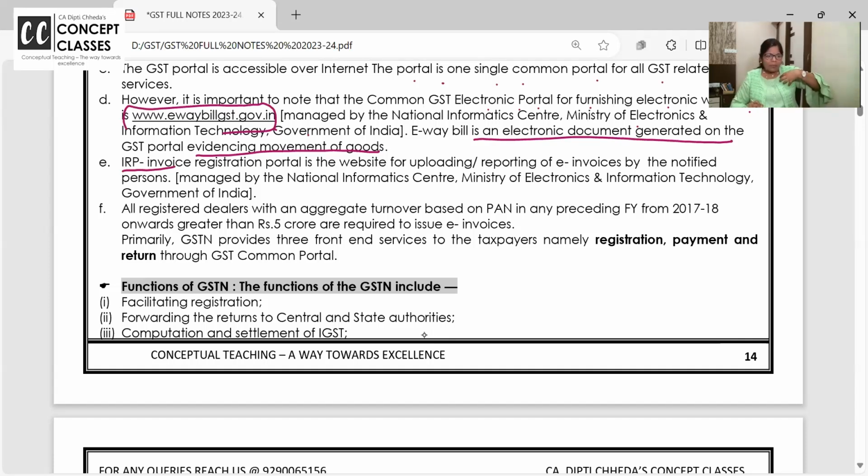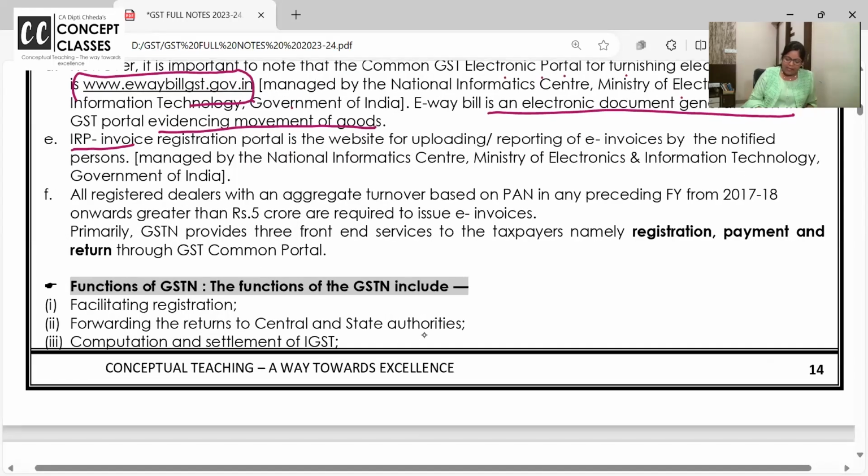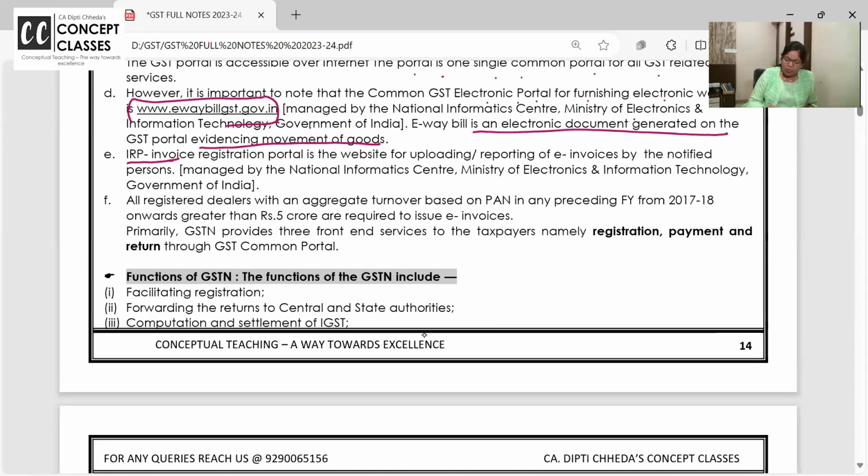If I don't upload 9 invoices out of 20, she can claim input tax credit only for 11. So this uploading of invoices on the portal can be done through IRP. IRP is the Invoice Registration Portal, just for uploading e-invoices. All this is done through Excel and software. All the accounting software is also interlinked with GST, and this is done. Okay?